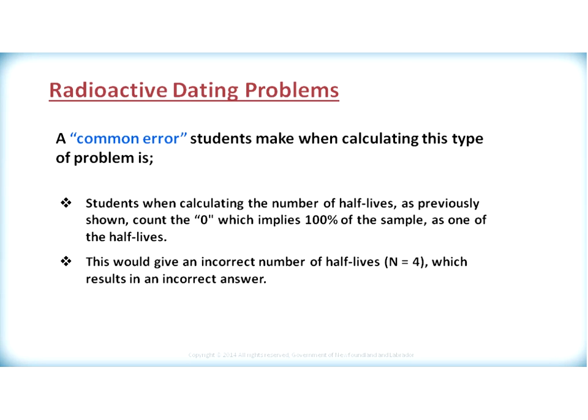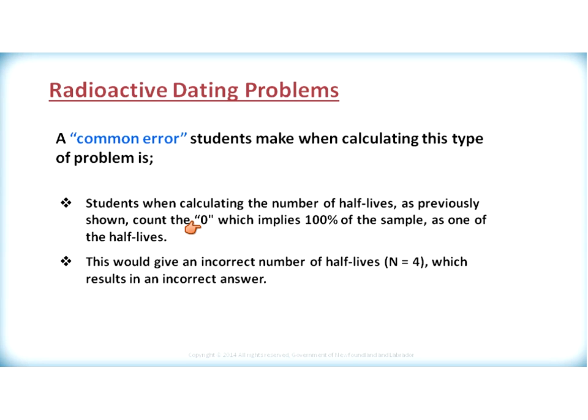When calculating radioactive dating problems, a common error that people make is as follows. When calculating the number of half-lives, students count the 100%, which implies the starting sample is one of the half-lives.